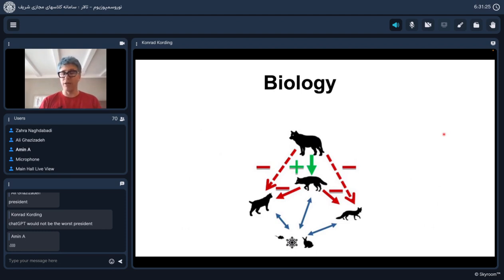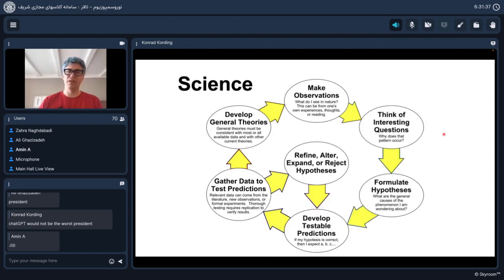In biology, we have causal questions. We have food chains. Every being in that food chain has a causal influence on all the others, and that is something that we want to understand in biology. Science itself can be seen as an endeavor where we are trying to figure out causal things in the outside world.